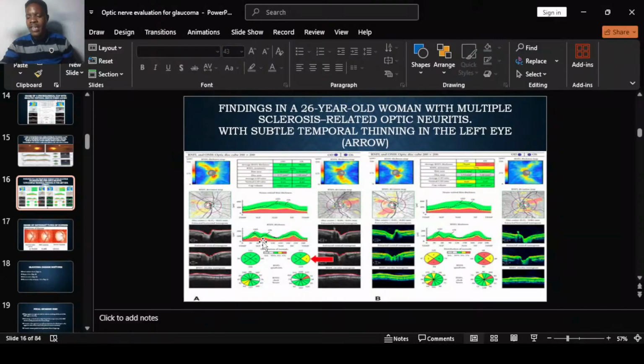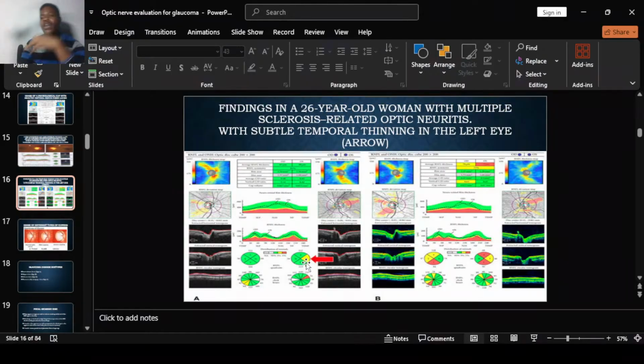We know we are not dealing with glaucoma because if it is glaucoma, it's going to affect the inferior and the superior portions first before the temporal and the nasal portions. But in this case, we see that there's a subtle temporal thinning in this patient's eye. You see somewhere here, and again, this arrow here shows you the temporal thinning.